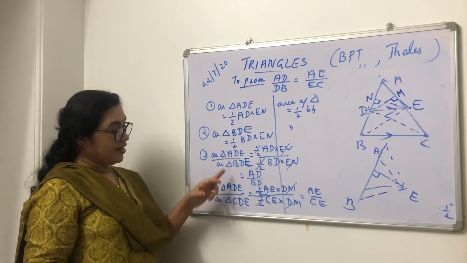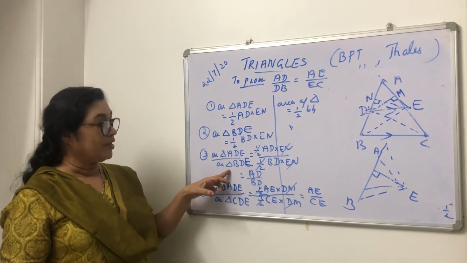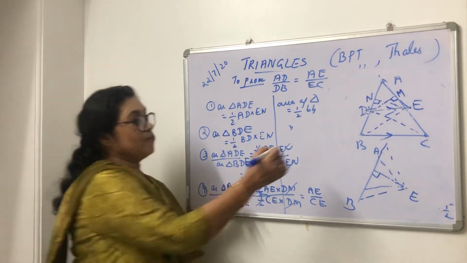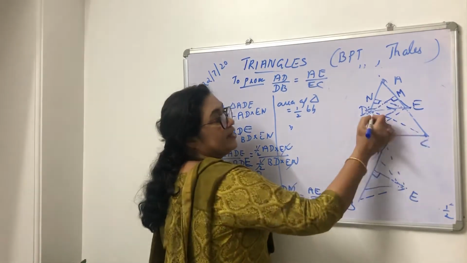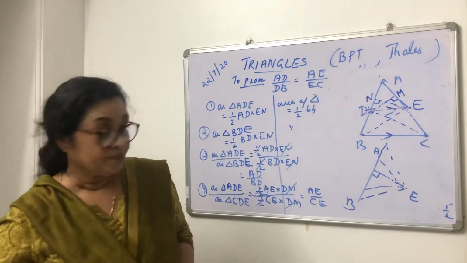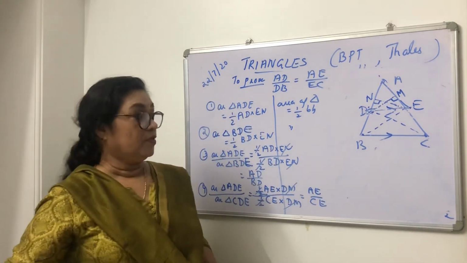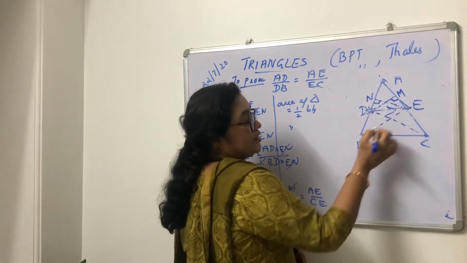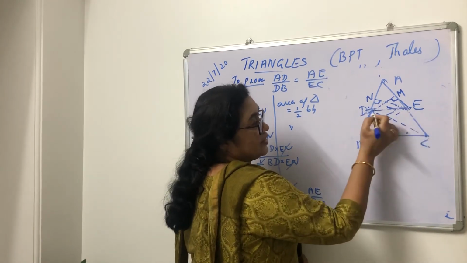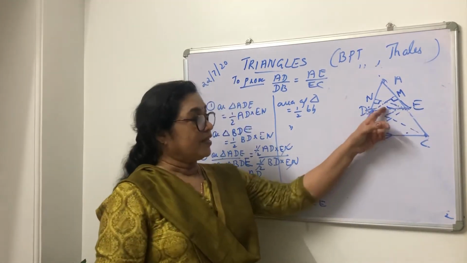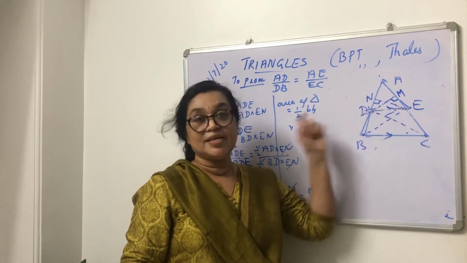See here, AD numerator is same. Take the denominator, area of BDE, then area of CDE. See, these two lines are parallel and this is one triangle BDE, this is another triangle CDE. They are coming in between these two parallel lines and the base is same, DE.